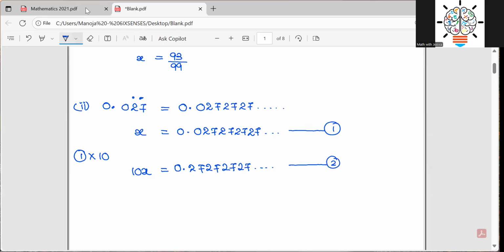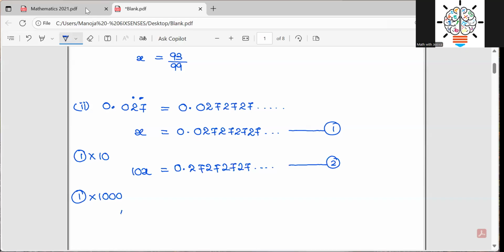Now the recurring cluster digits are in the 100th place and the 1000th place. So I multiply the second equation by 100, or else you can straight away multiply the first equation by 1000.